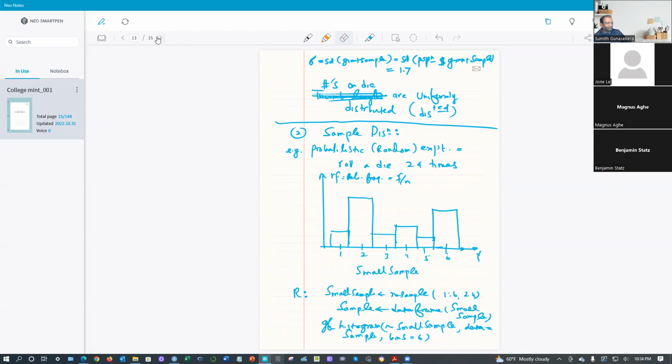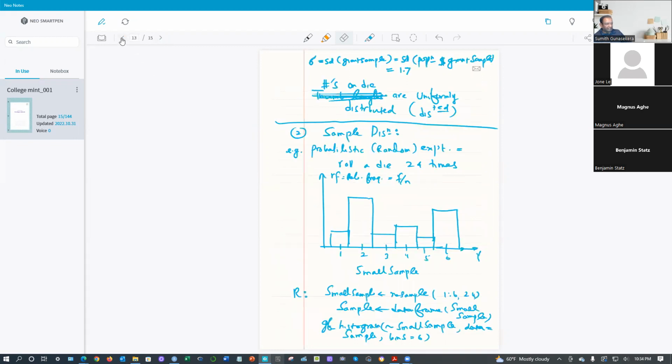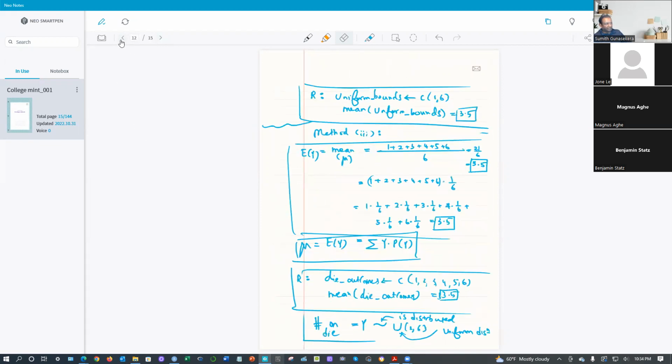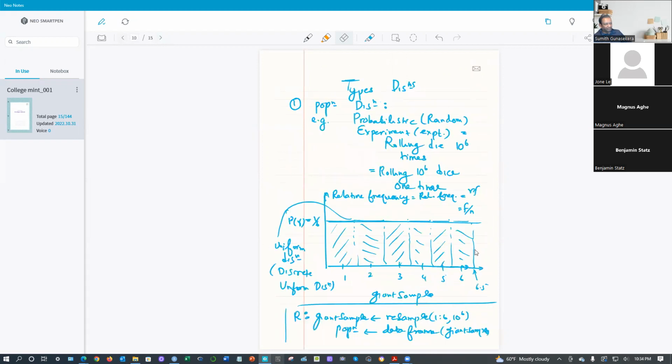Okay, you see the shape, almost bell shape. Would that be bell shape? Yes, that's what the central limit theorem says. Is this a bell shape? Population? No, population is uniform. The sampling distribution is.